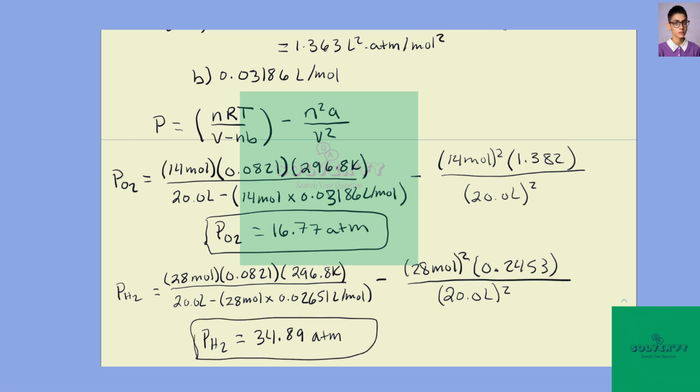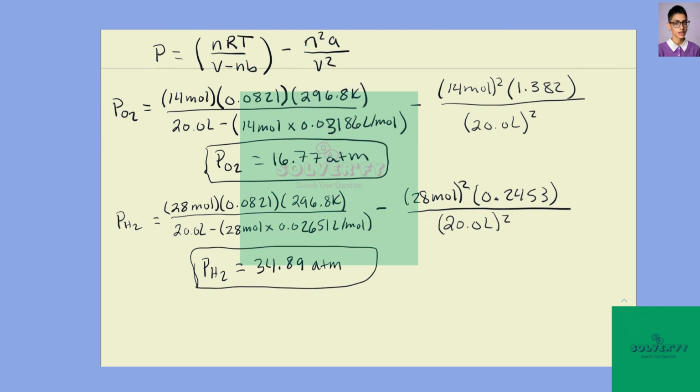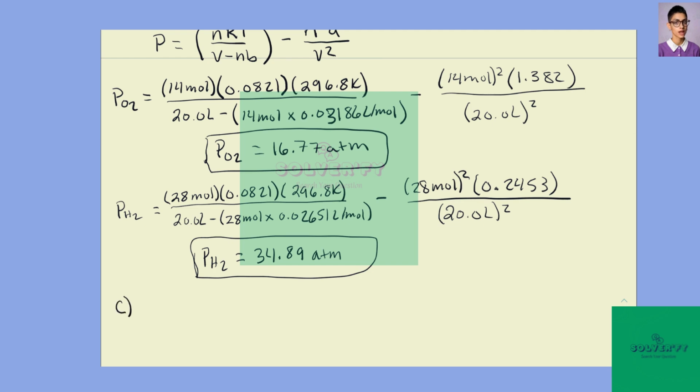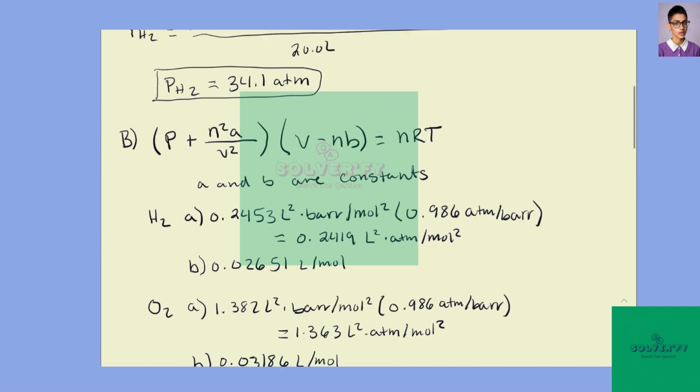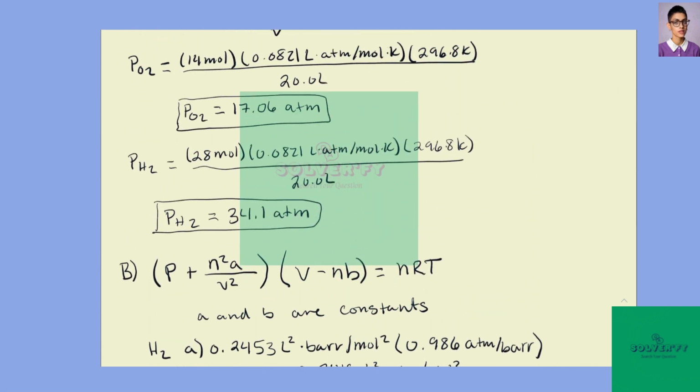All right, so this is how we find the pressure for O2 and H2 using van der Waals equation. Part C of this problem is just wanting us to compare answers from Part A and Part B. So if we look, we see that the pressure for O2 is 16.77 atmospheres using van der Waals. If we go up here to our answer using the ideal gas law, we see that it is 17.06.